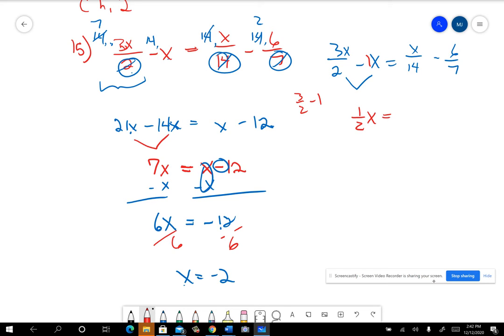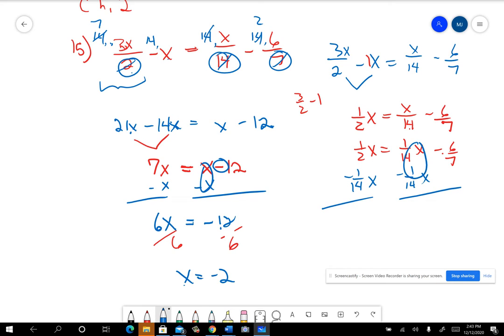Okay, then you'd still have all this. This x over 14 is really 1/14 x. It's on the other side of the equal sign. So you could subtract it from both sides like this, to knock it out. And you'd wind up then having just negative 6/7 over here.